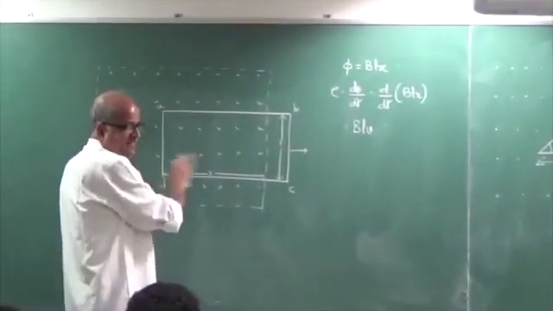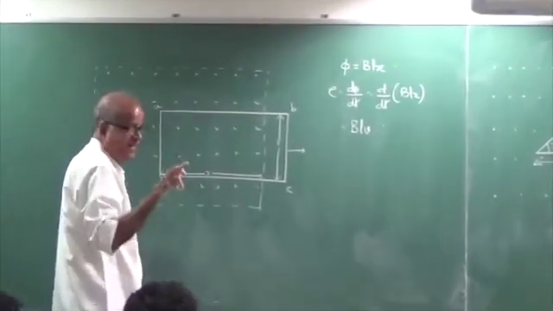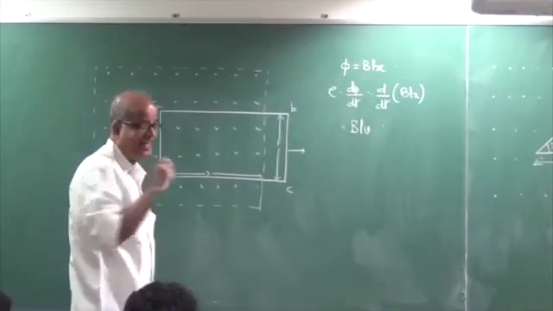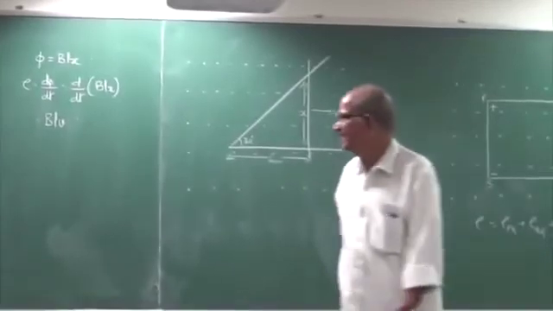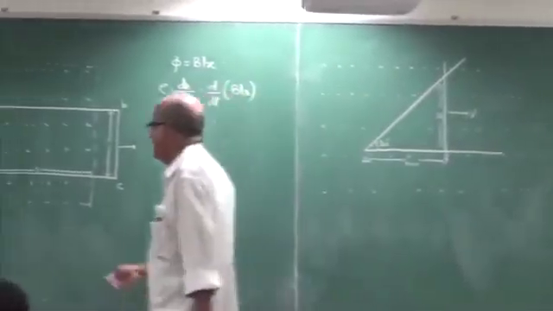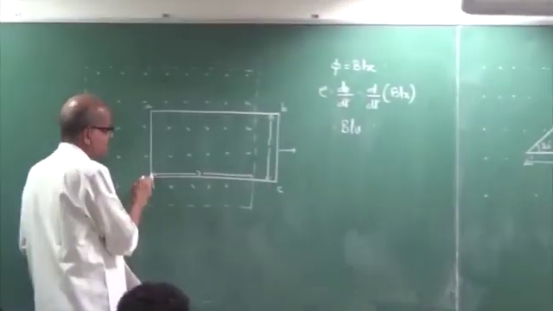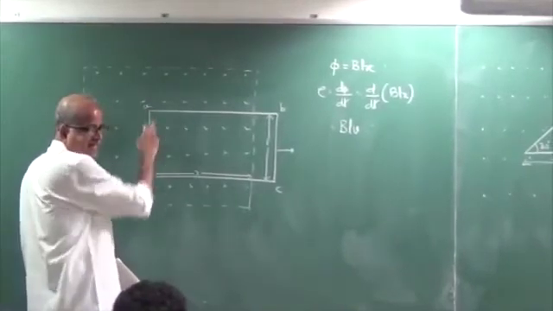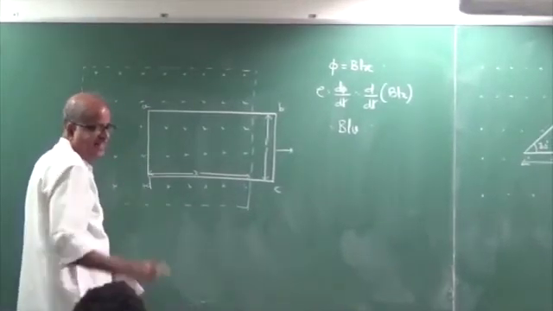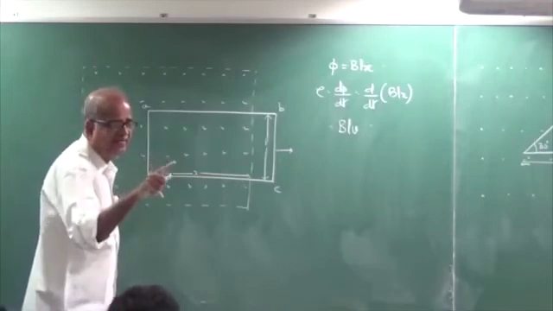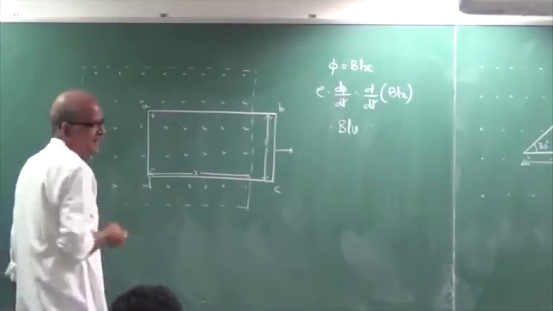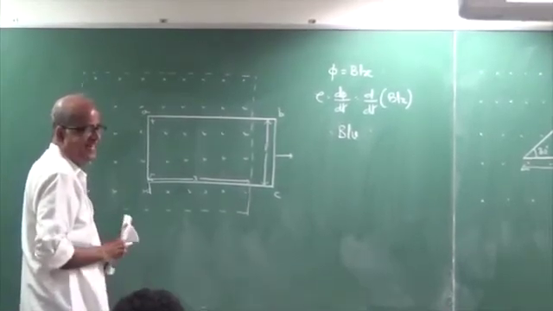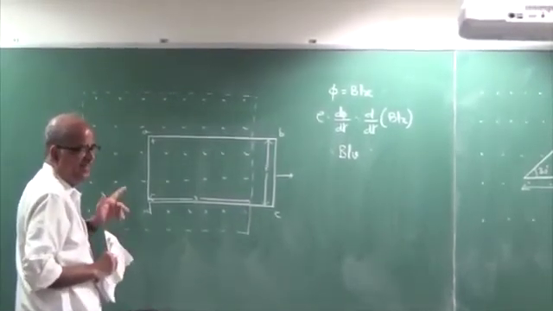As a result of this EMF, there is a current flowing. Will you agree? In which direction is the current flowing? You see here, this acts as a battery, it acts as a source of EMF. And you know, inside a battery, current flows from negative to positive, correct now? In which direction is this current flowing?